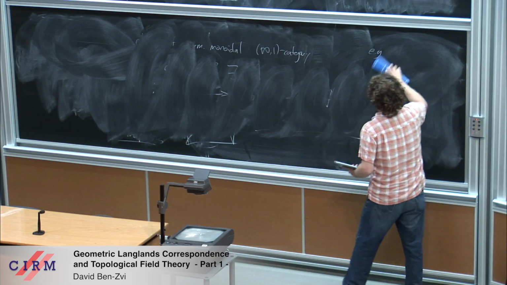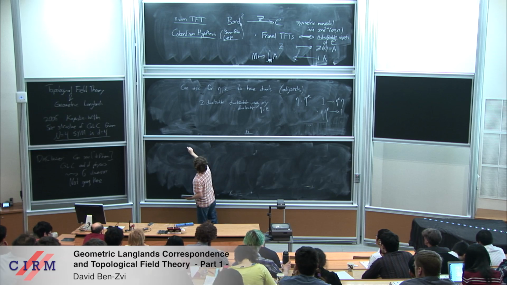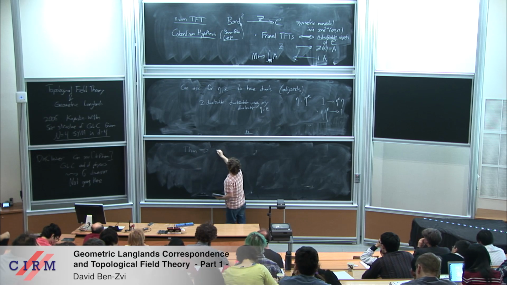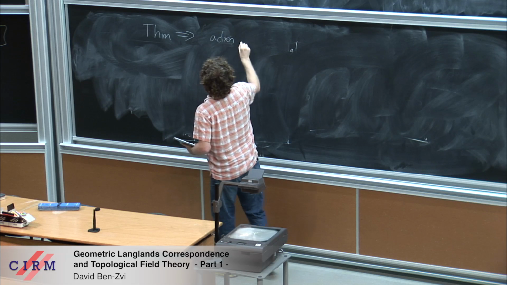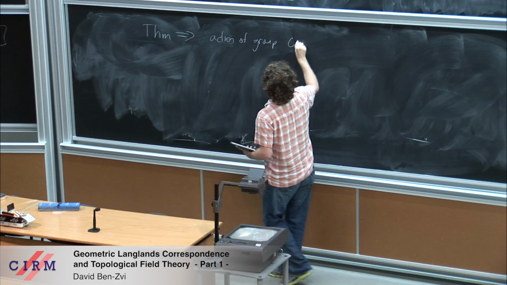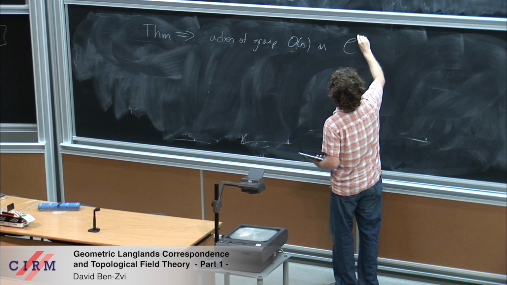I'm not going to worry too much about framings versus orientations and so on, because there's a nice version. From the Cobordism hypothesis, one gets that there's an action of the group O(n) on the collection of objects.